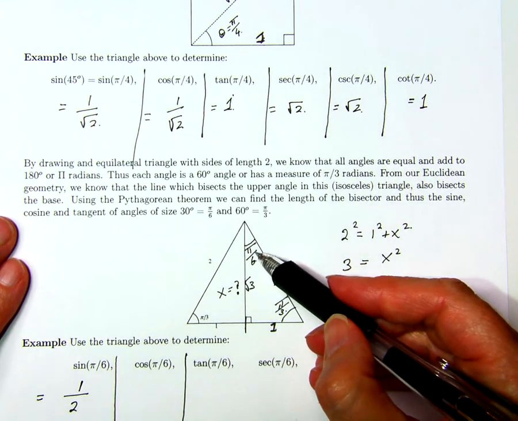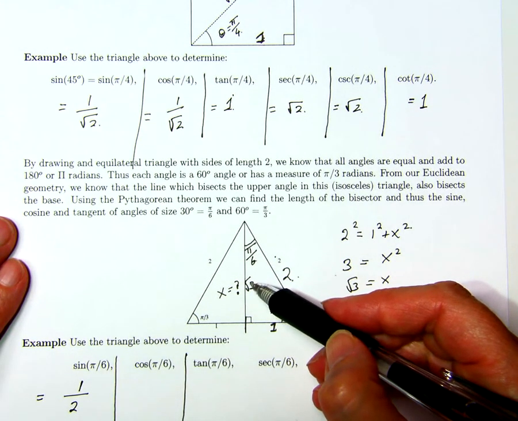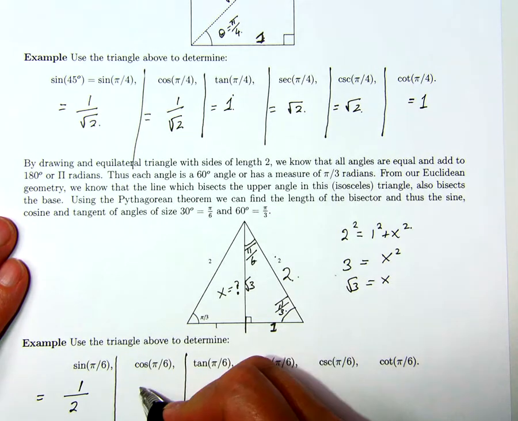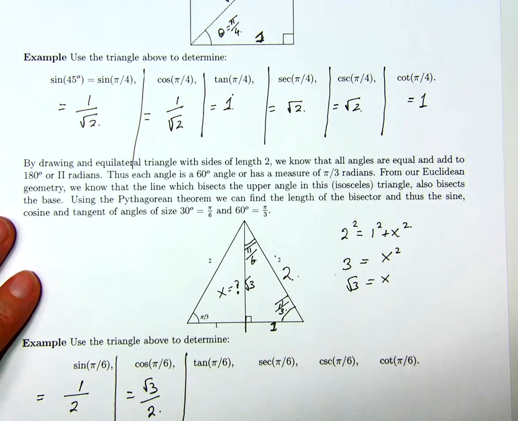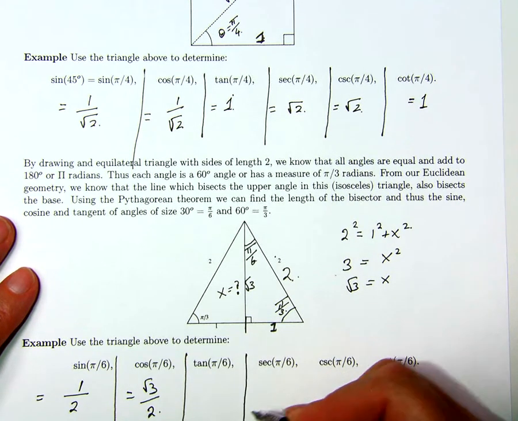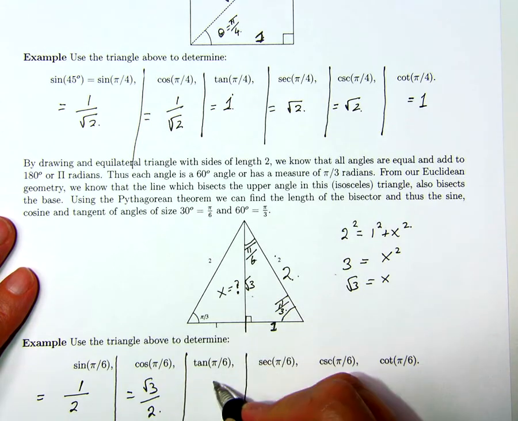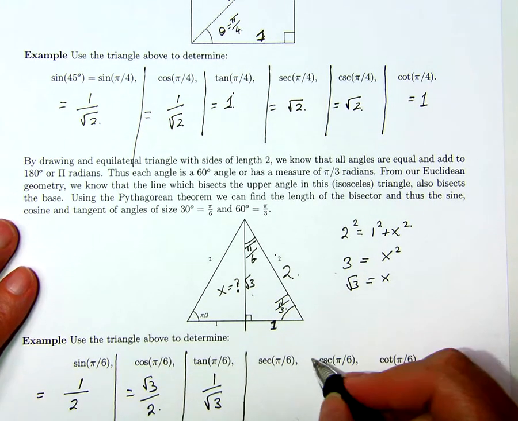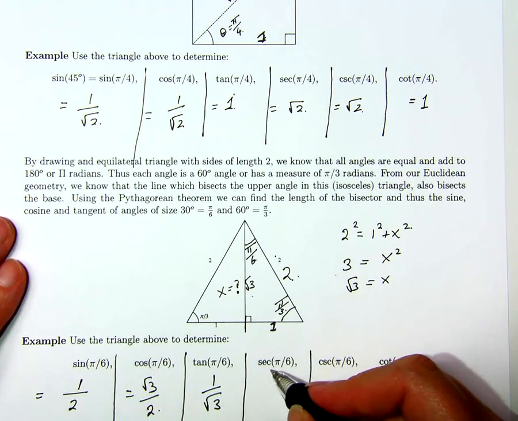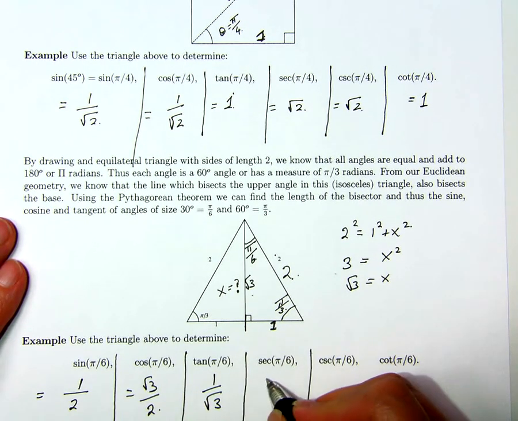Its cosine is the length of the adjacent, which is the square root of 3, over the length of the hypotenuse, so that's the square root of 3 over 2. Its tangent is the opposite over the adjacent, so that's 1 over the square root of 3, or sine over cosine. Secant is 1 over cosine, so that's 2 over the square root of 3.